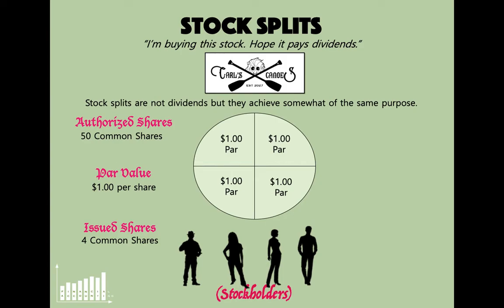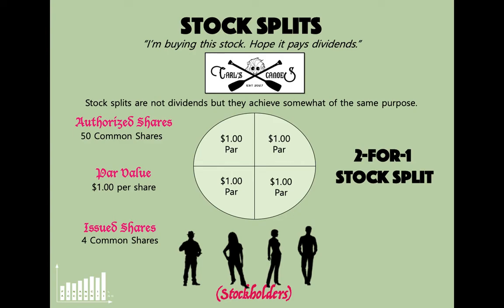If then we perform what is called a stock split, these are normally phrased as 2 for 1, or it could be 4 for 1 or 5 for 1, whatever the numbers. But it basically means that for every 1 share you have, that share is going to now be replaced by 2.